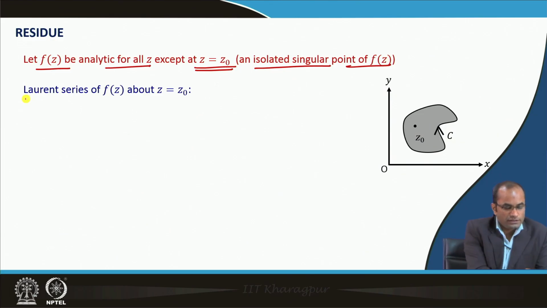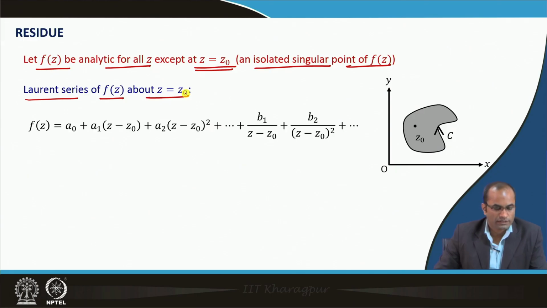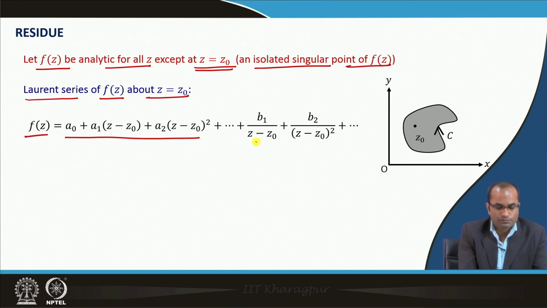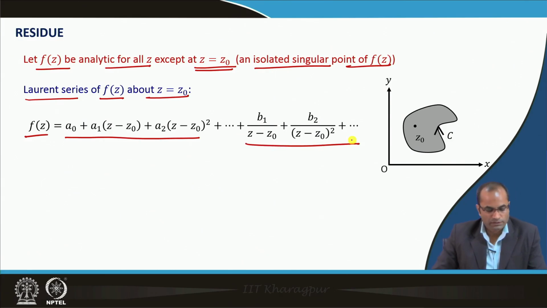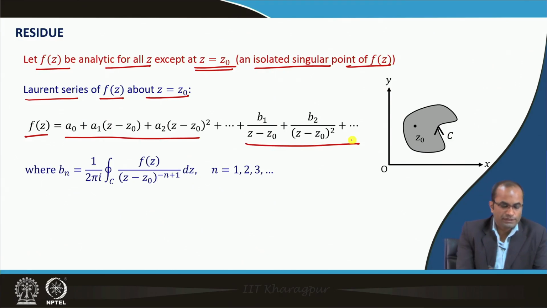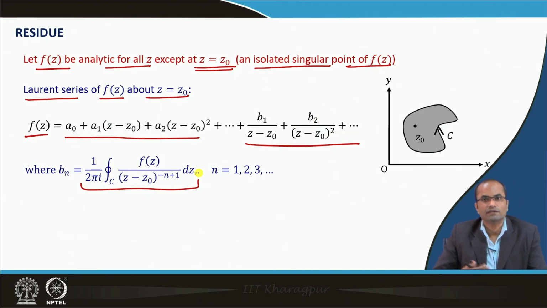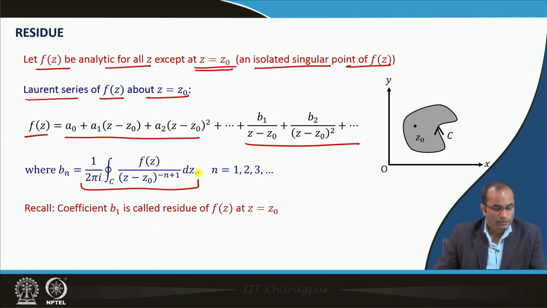The Laurent series of f(z) about z equal to z naught can have such terms, the positive powers and then the negative powers, where the coefficient b n we can compute with the help of an integral that was already discussed when we covered the Laurent series.